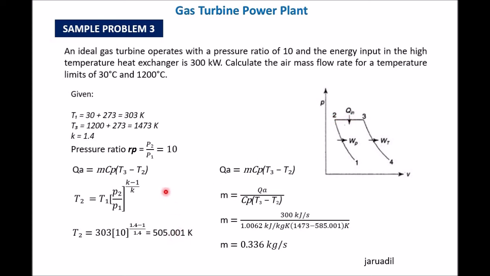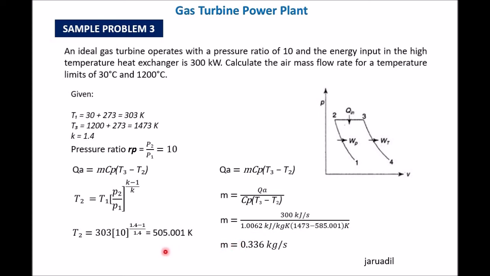Now, since we know the temperature after heat addition, 1473, we just substitute that in this equation, solving for M, since we are asked to calculate the air mass flow rate. So, we have QA over Cp times T3 minus T2, and we have 0.336 kg per second. So, this is the answer.